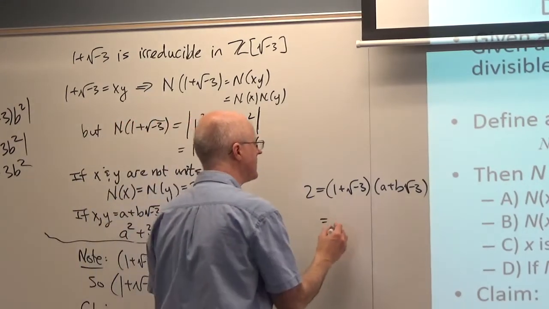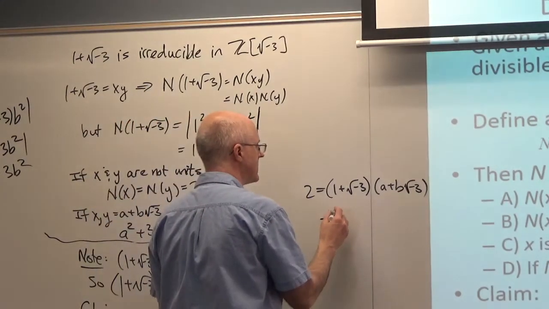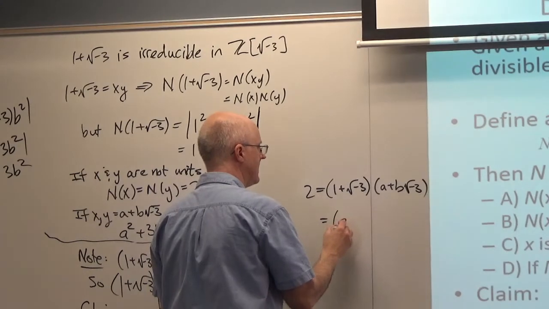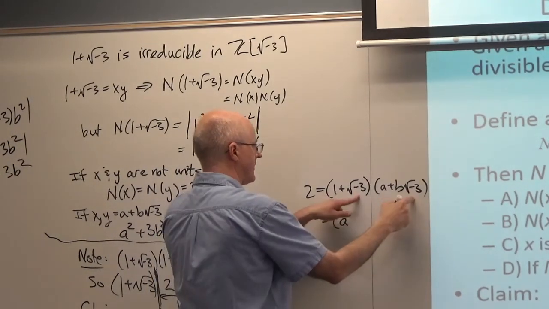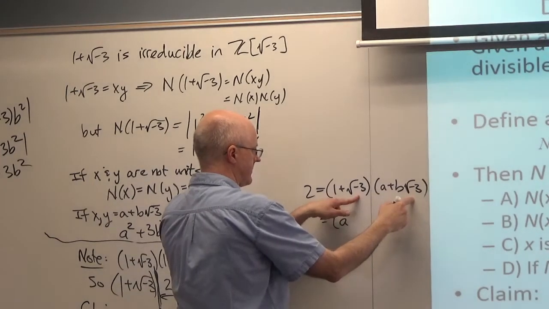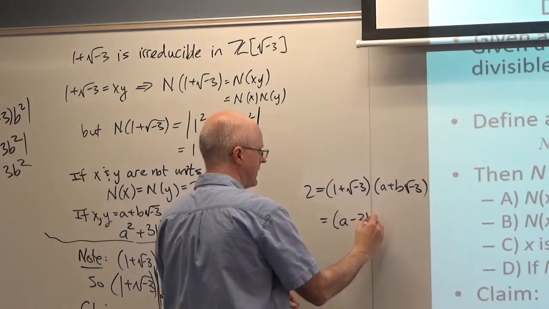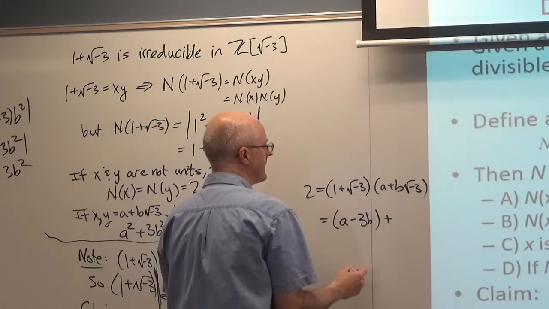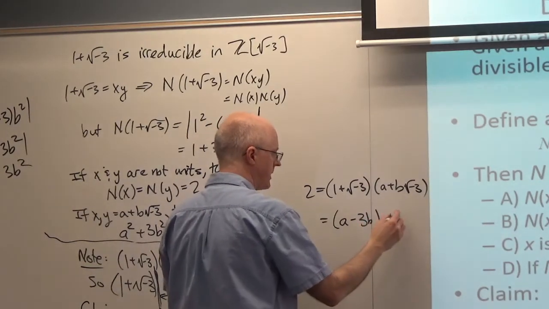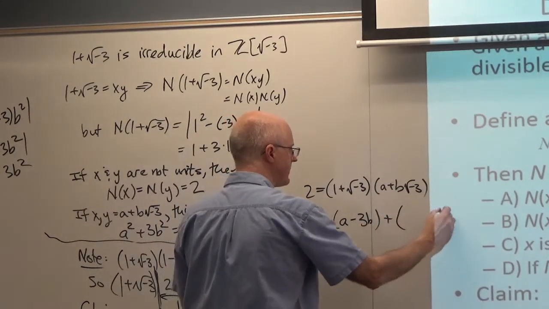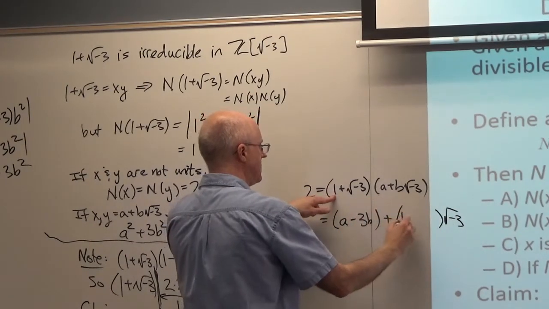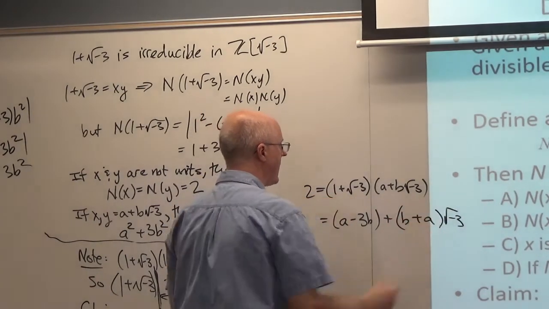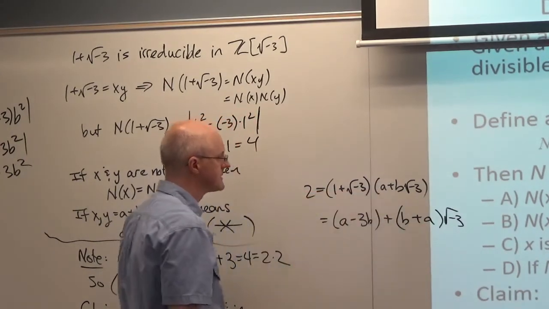If you expand this out, this ends up equaling a, let's see, square root of negative 3 times square root of negative 3 is negative 3, times b is negative 3b. That's the real part. And the imaginary part, I won't put an i in there, we'll just put a square root of negative 3, is going to be b plus a in front of that, from the outside and inside terms.